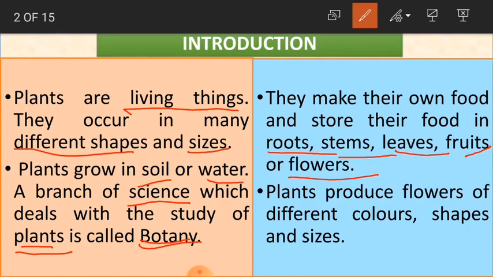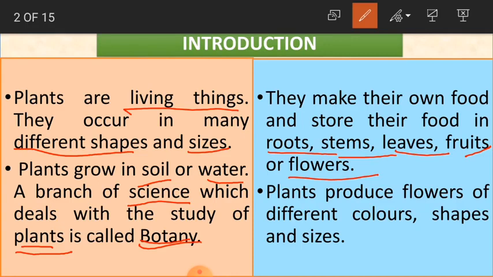And who makes food and gives it to them? Do they have their mothers? No, they make their own food. For us, our mothers cook food and give it to us, and happily we eat it. The plants' food is made by themselves. And where do they store the food?